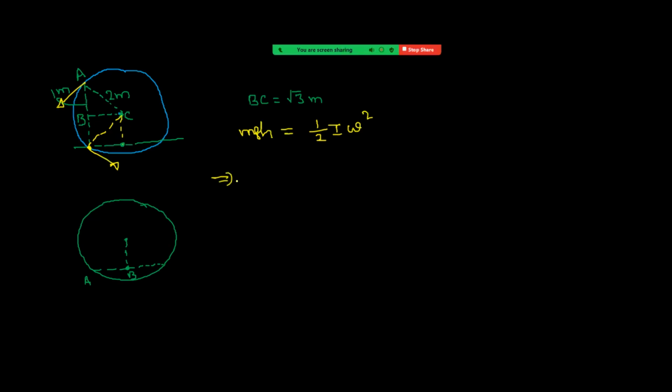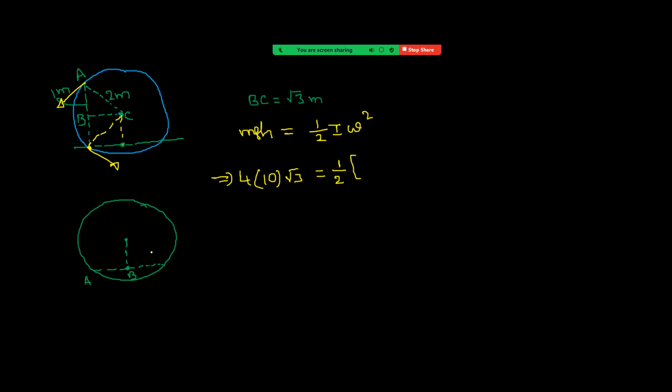Then see, mass is 4 kg, g value 10, height is now root 3. mgh is now the loss in gravitational potential energy. This loss converts into rotational kinetic energy, half I omega square.